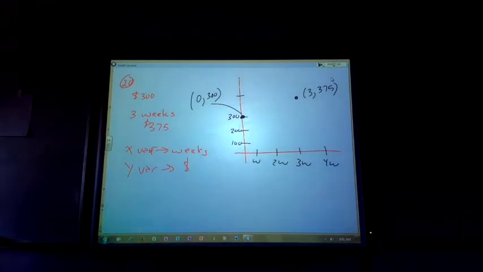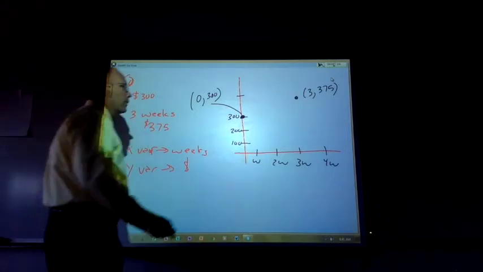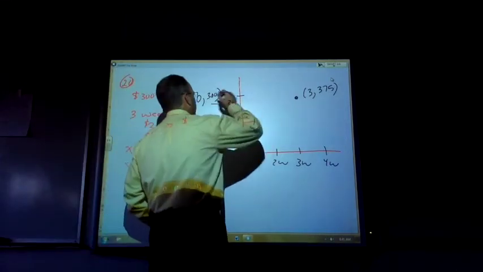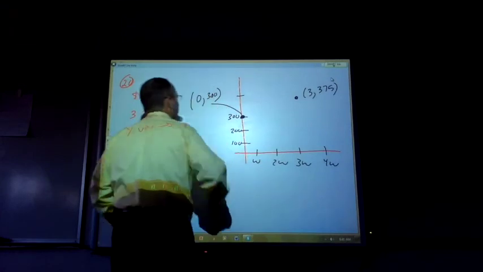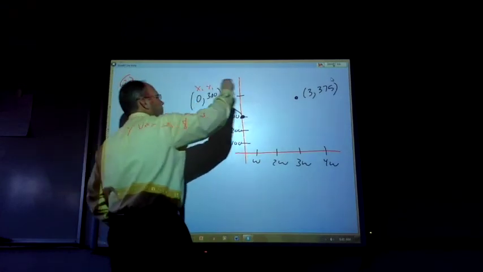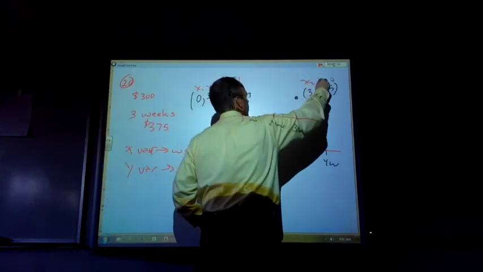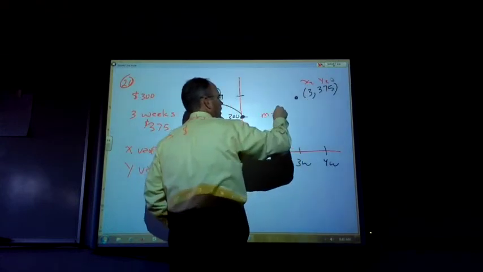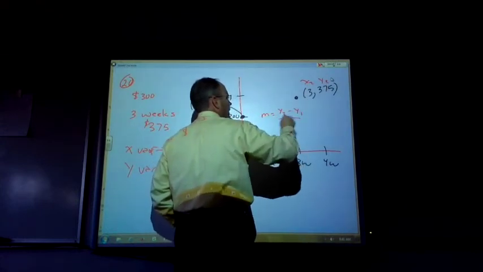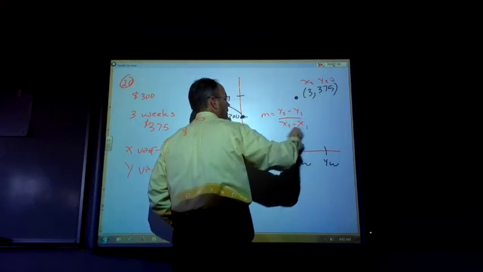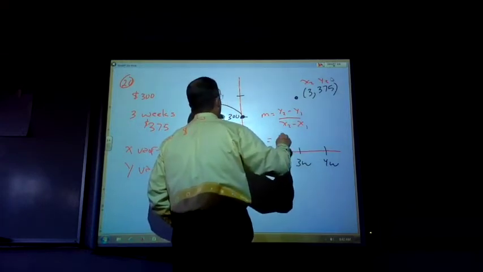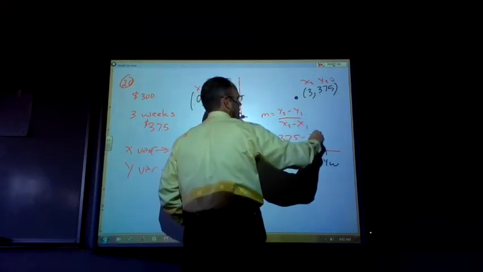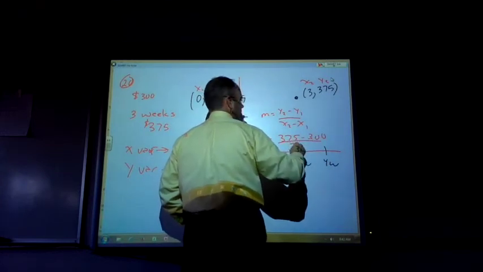So let's find the slope. x1, y1, x2, y2. Slope is y2 minus y1 over x2 minus x1. So that's 375 minus 300 over 3 minus 0.